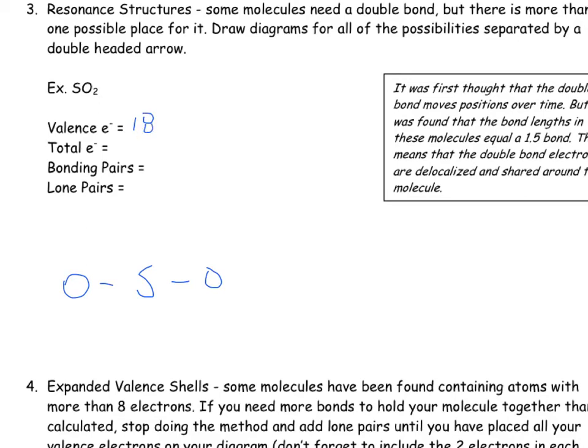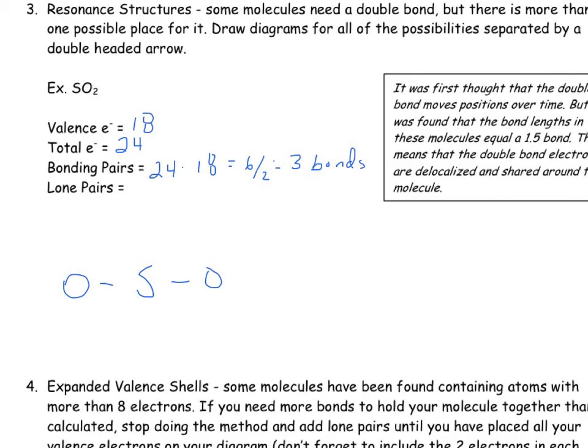Total electrons, sulfur and oxygen each want 8. I have 3 atoms, that gives me 24. For bonding pairs, subtract those two numbers and divide by 2. I need 3 bonds on my diagram.